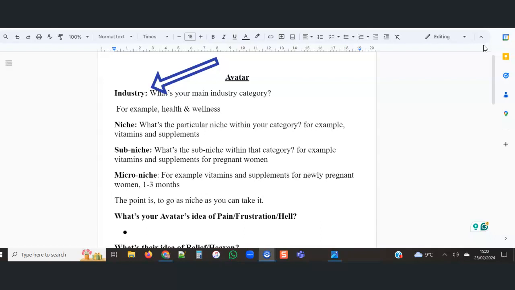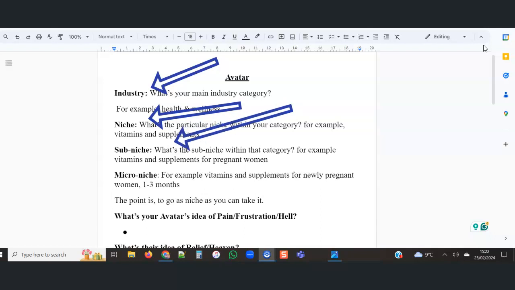The next thing I want you to do is go a little bit more detailed into what is a particular niche that's within that industry. So if it is health and wellness, maybe you specialize in advising on specific types of fitness or vitamins and supplements. Then I want to challenge you to go sub niche, right?